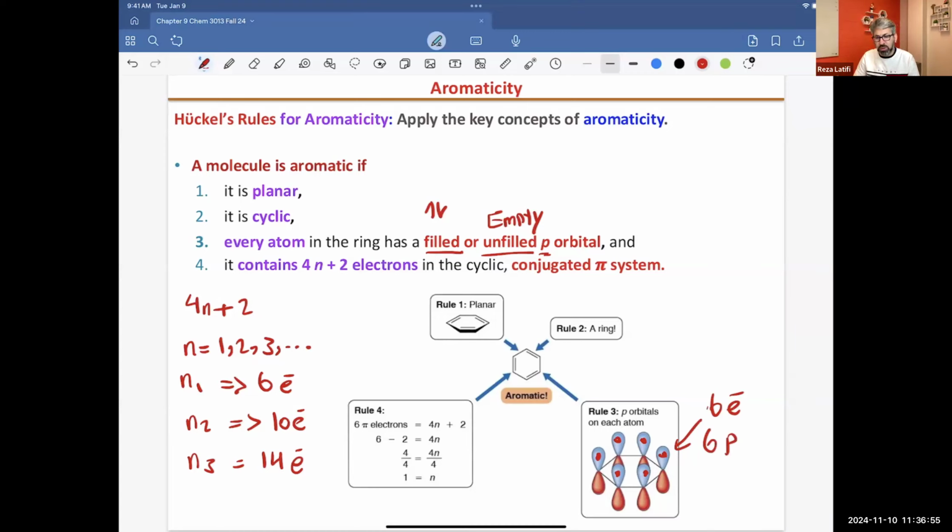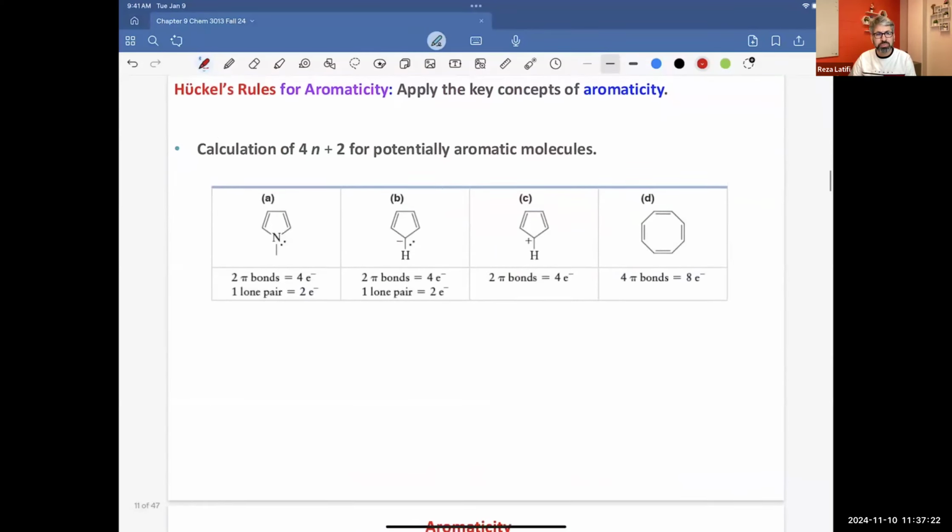If we calculate the number of those electrons, as you see, I wrote 6 electrons, so clearly it follows 4n plus 2, where n is equal to 1, and we have 6 electrons, so we met that rule. So I'm going to say the benzene molecule is aromatic. This is the reason the benzene molecule gives us less energy whenever we saturate it: because it's aromatic.